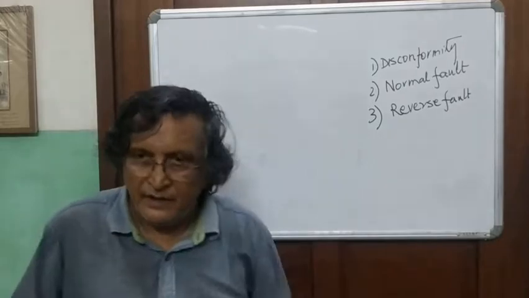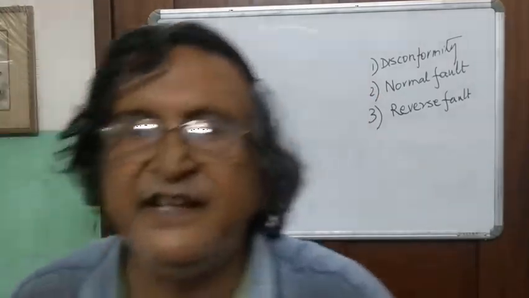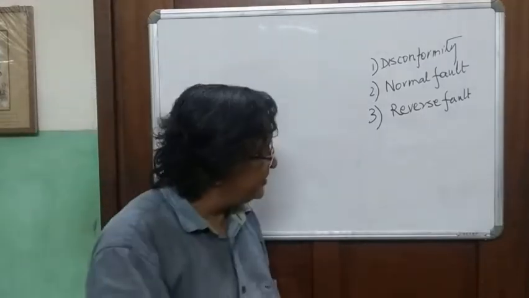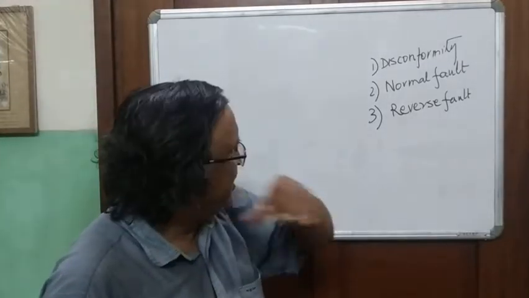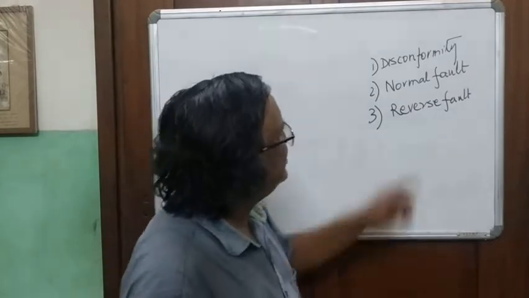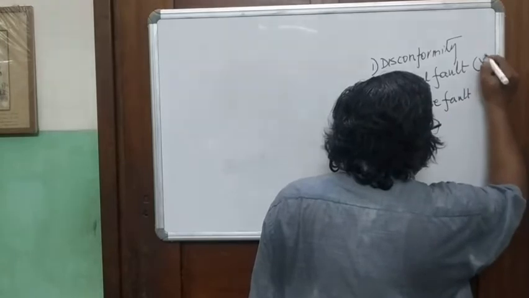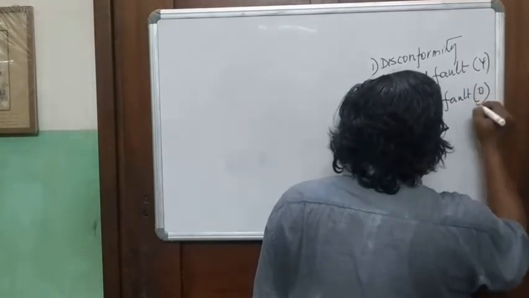Let's say the normal fault is younger than the reverse fault. Mark my words: I see a disconformity, and I see a normal fault which is younger than the reverse fault, which is older.